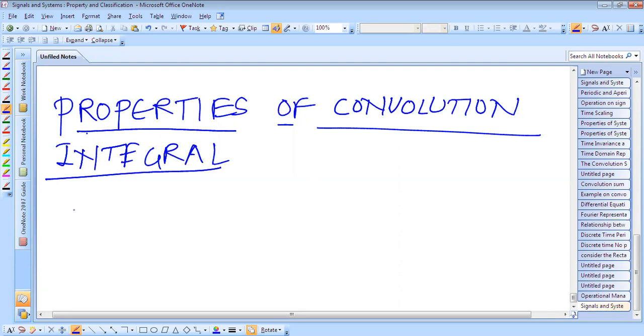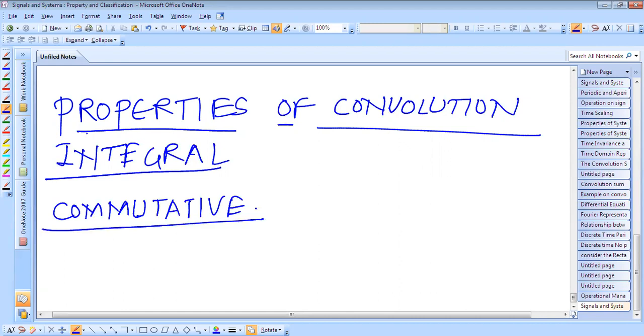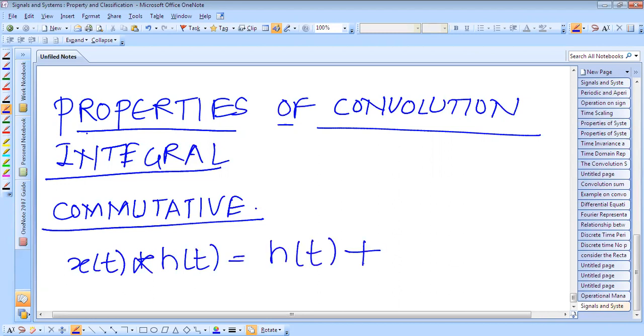First is the commutative property. So x of t convolved with h of t, we can write here h of t convolved with x of t.